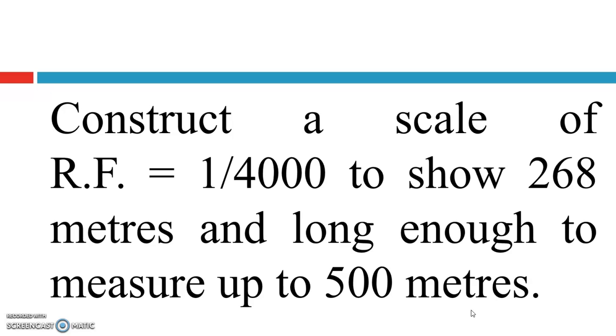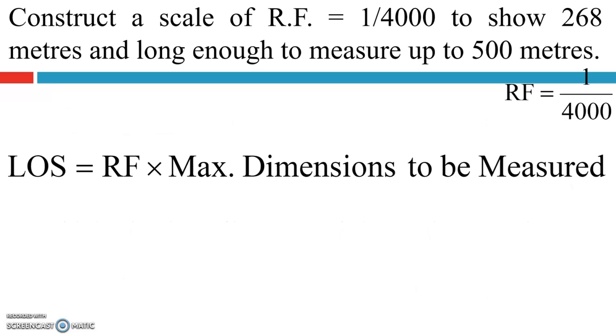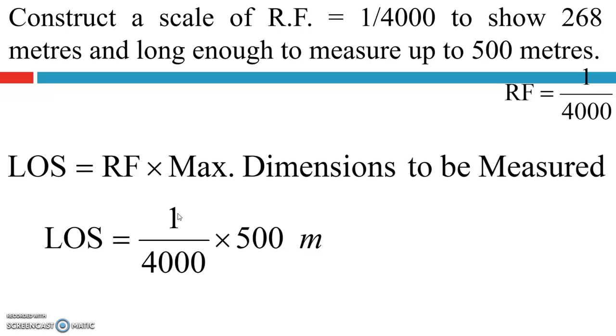So let us start. First step is RF, that they have given directly. So RF is equal to 1 by 4000. Next step is LOS, that is the length of scale, that is equal to RF multiplied by the maximum dimension to be measured. So RF is 1 by 4000 multiplied by 500 meter, the maximum dimension. Now as the data in the numerical are in the SI system, that is the metric system, we are required to get the answer of LOS in centimeter.